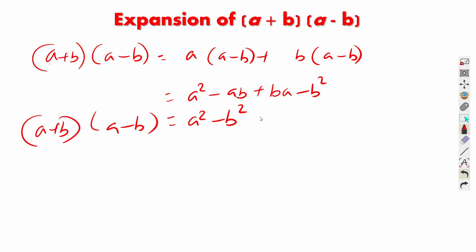So we got the third expansion. Why third expansion? Earlier one was (a plus b) whole square, second one was (a minus b) whole square, now it is a square minus b square. If I write it together, it can be expressed like this.